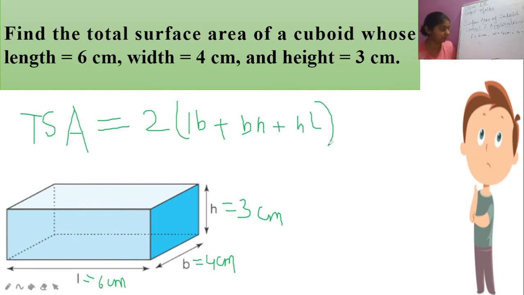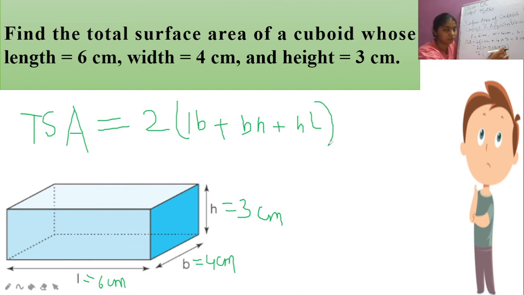So let's see the total surface area, right? We have 2 times length and width, 6 into 4, plus breadth which is 4 and height 3, then height and length. So 6 into 4 is 24, 4 3s are 12, 3 6s are 18.